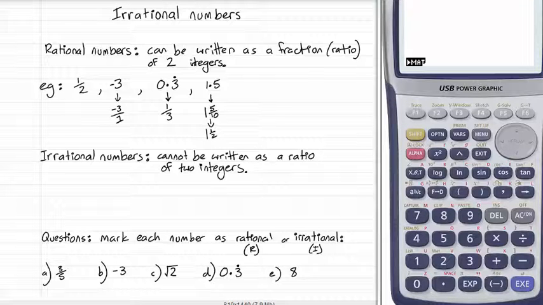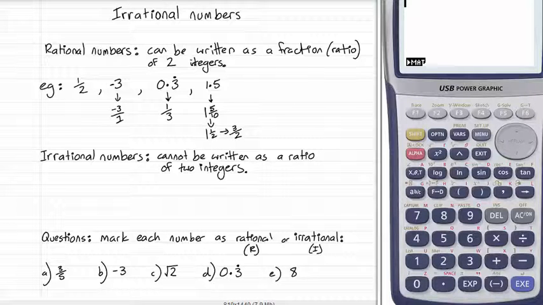Or even if we desperately wanted to write it just as a fraction of two integers, we could write it as an improper fraction of 3/2. So any mixed number is also able to be written just as a fraction of two integers. Any terminating decimal can be written as a fraction. So all these numbers are rational numbers.